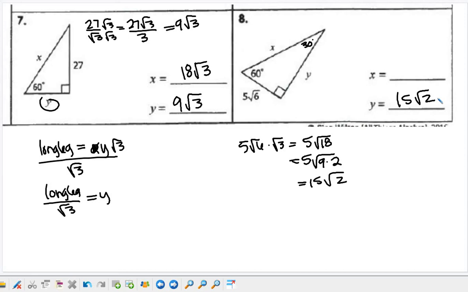And remember that the hypotenuse is twice the short leg. So if my short leg is 5 square roots of 6, then twice that is 10 square root of 6.